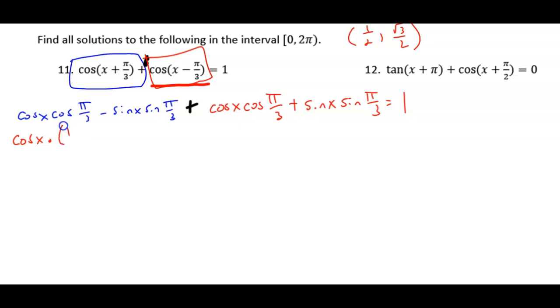So times 1/2. So that is 1/2 cosine of X, right? Right here, negative sine of X, sine of pi over 3 is radical 3 over 2. So times radical 3 over 2. So this gives me a negative radical 3 over 2 sine of X, right? If you multiply those out. Don't forget that plus right there. Same plus.